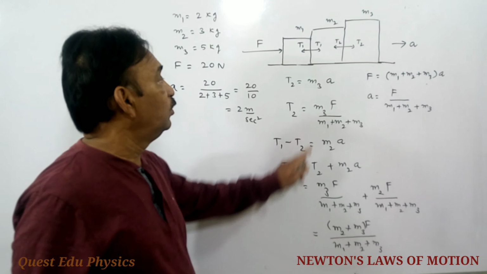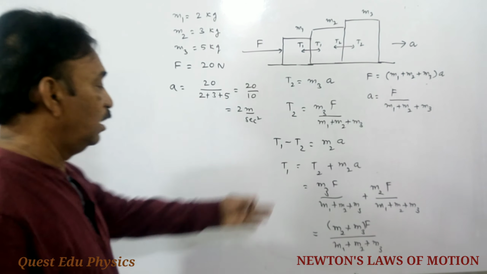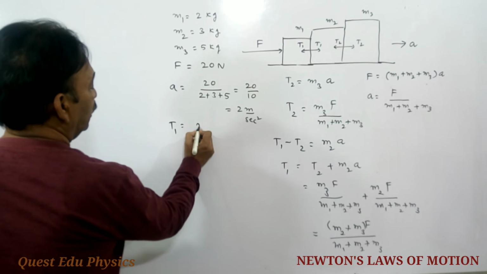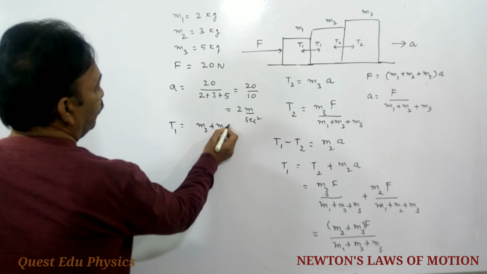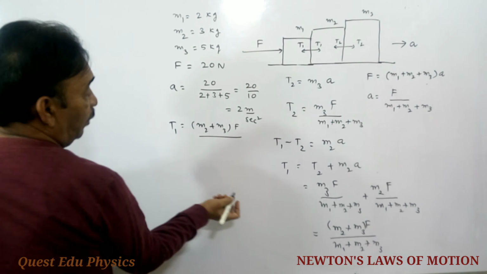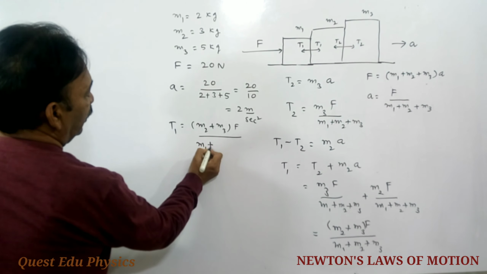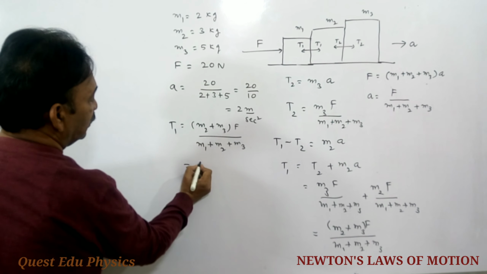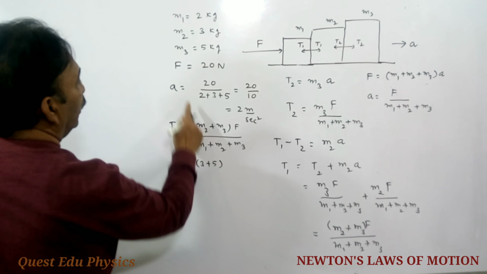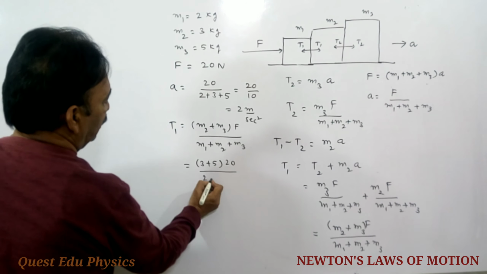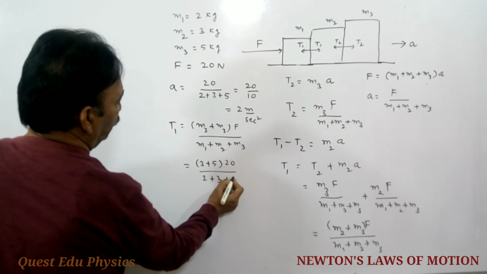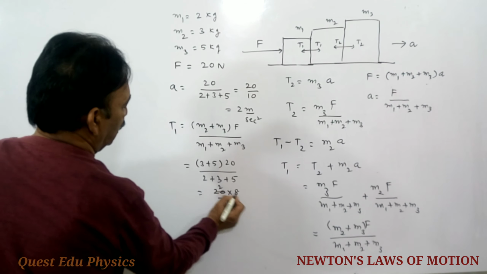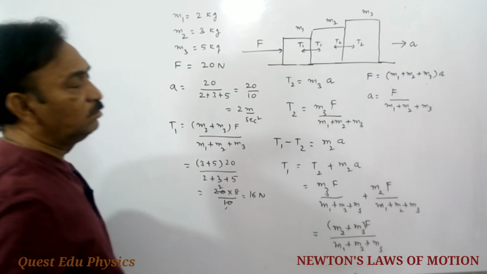Maybe in the examination he will ask you what is the tension between the two. Then automatically go with the relation. T1 is equal to m2 plus m3 of F by m1 plus m2 plus m3, that is 3 plus 5 into 20 by 2 plus 3 plus 5, it is 20 into 8 by 10, the 2s cancel, 16 Newton.